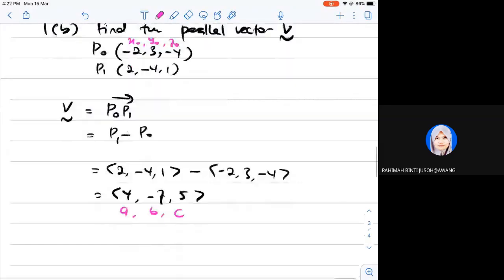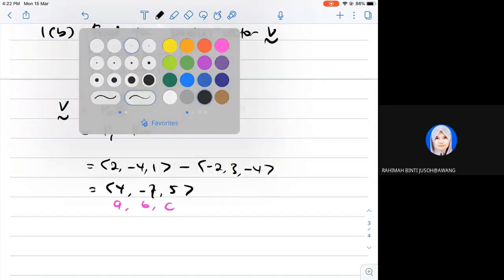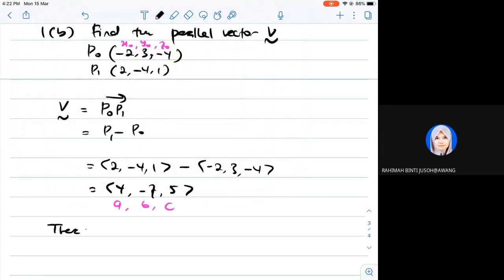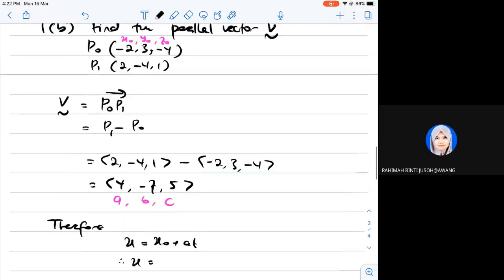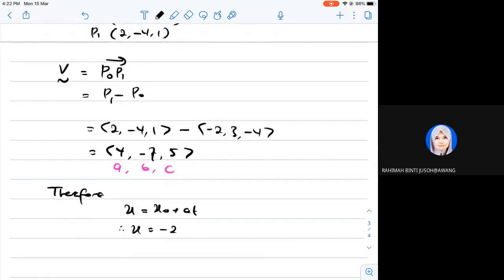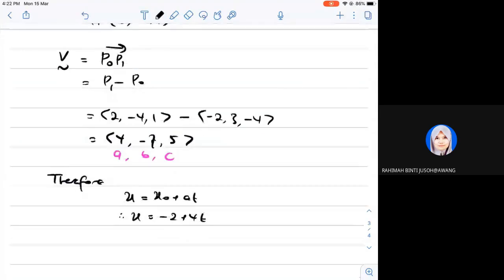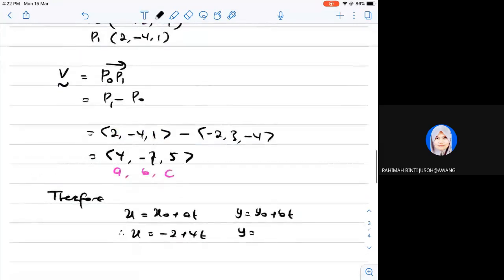So now, therefore, for the equation of the line, we have X equals X0 plus AT. So X equals X0, ambil balik lah, -2 plus 4T. And then Y equals Y0 plus BT, so Y equals 3 minus 7T.